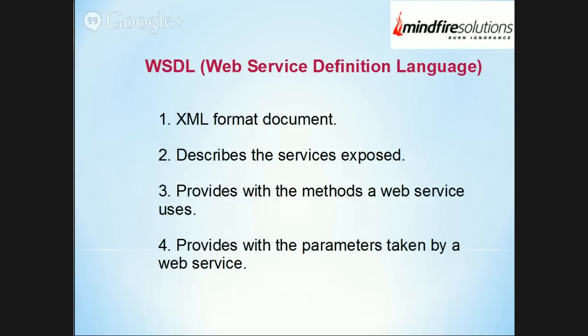And what it will give you in response is the availability of flights and seats. In this case, the method is reservation search or anything. You can name the method anything, but it can be reservation service or something. It provides the parameters taken by a web service. So it basically tells you what parameters are acceptable with the web service.